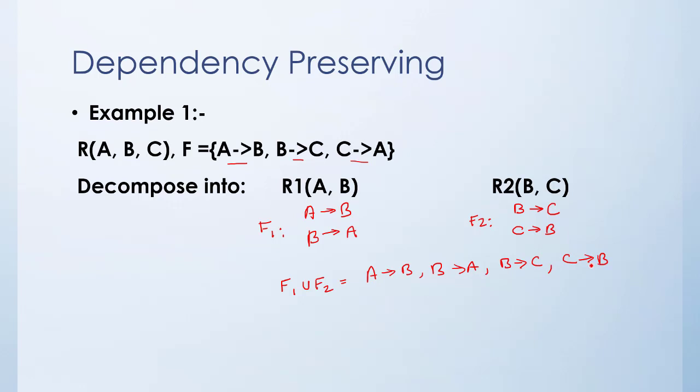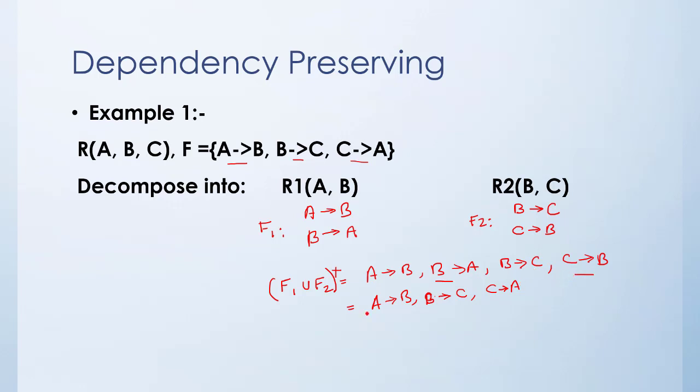At first look, you can see that we are not directly getting C determines A. But using these dependencies, we are actually finding the closure. So we get A determines B, B determines C, C determines A, and all other functional dependencies will be there.